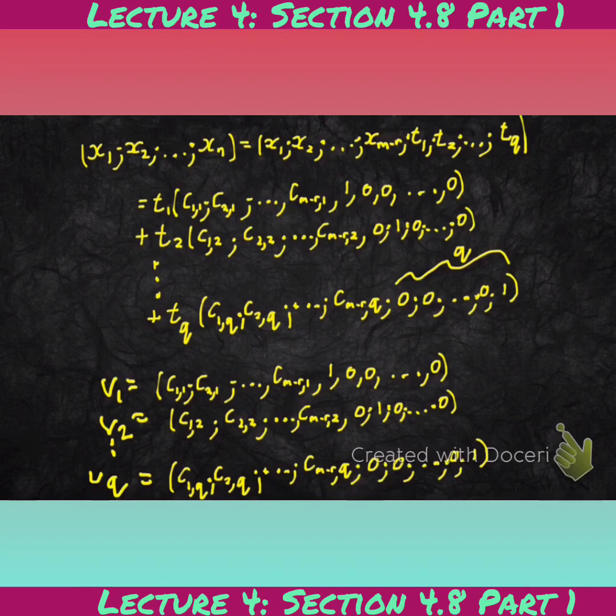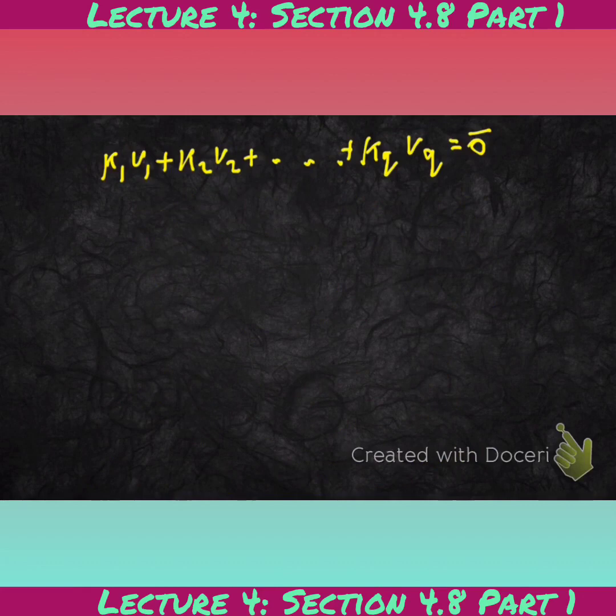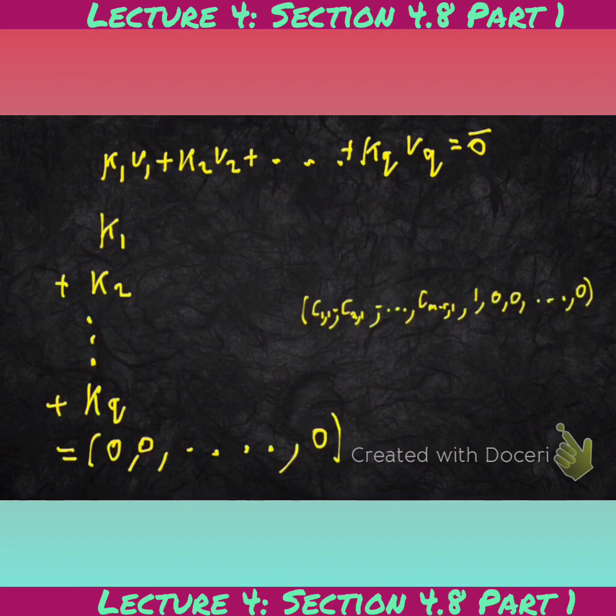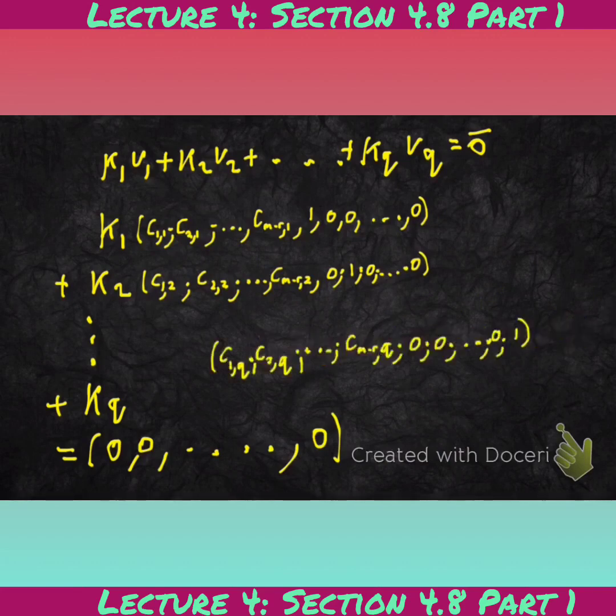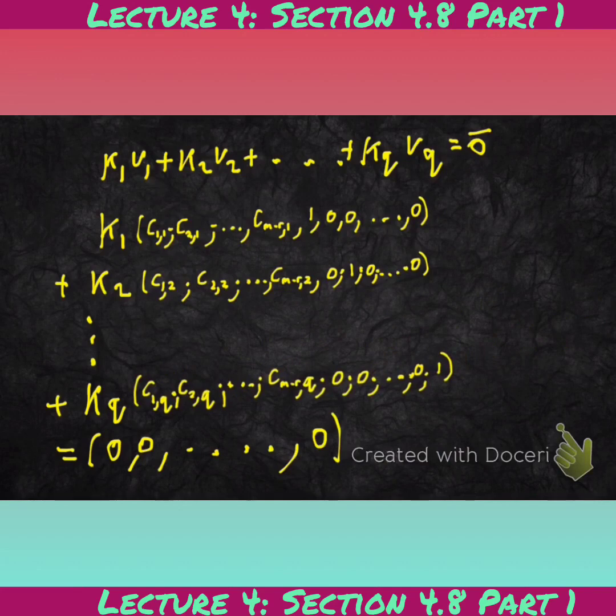We need to check that those vectors are all linearly independent. So we set up our linear independence equation: k1 times my first vector, plus k2 times my second vector, up until kq times the last vector, and that all has to be equal to the zero vector.